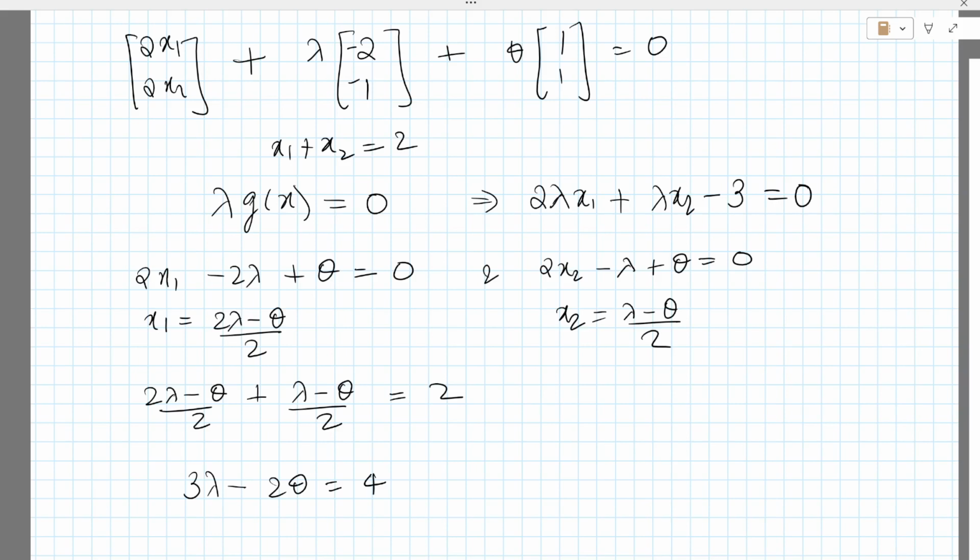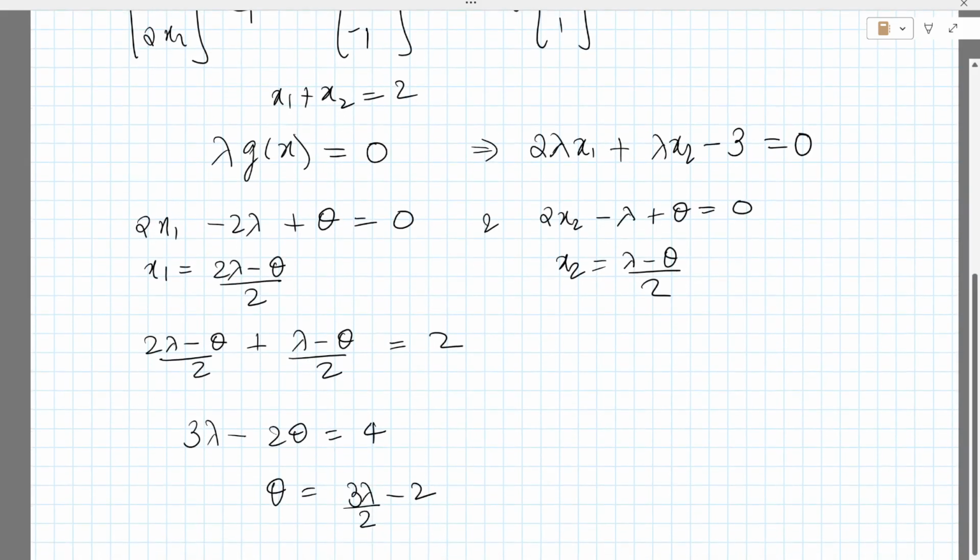So what I can do is write everything in terms of lambda by writing theta equal to 3 lambda by 2 minus 2. Okay.